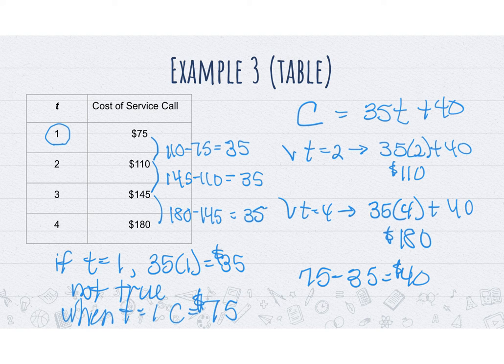So our variable times that number, and then we have to check and see if that works. And so there might be a rate that we pay at the beginning, and we have to find that. And then we just check our work. And that's how we would tackle a problem like this.